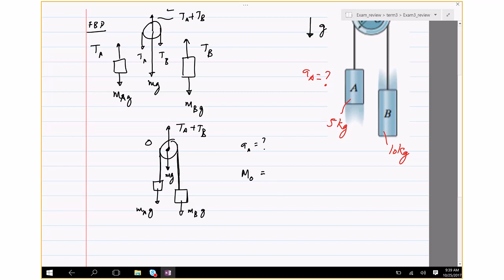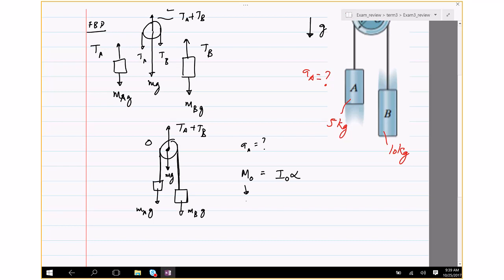So moment about O is I_O alpha, where I_O is the inertia of the entire system.